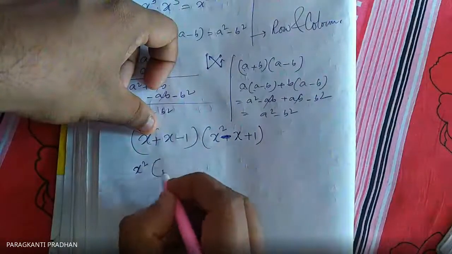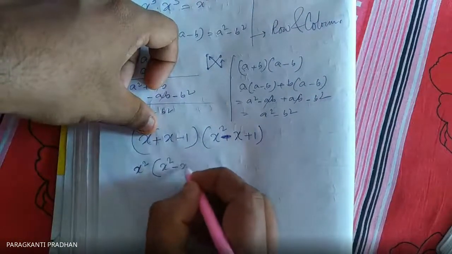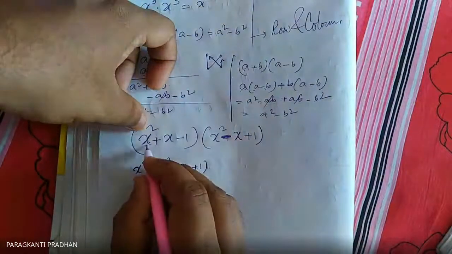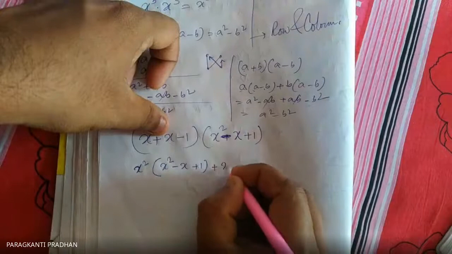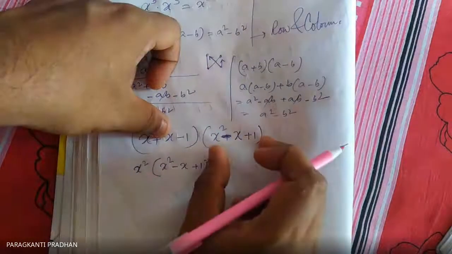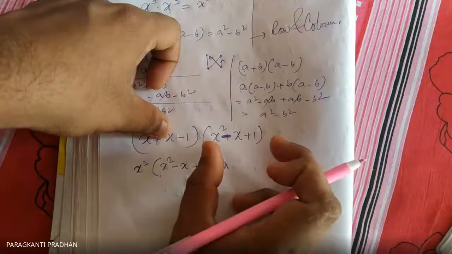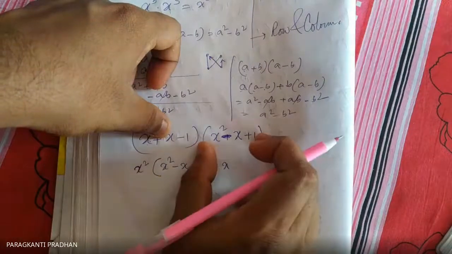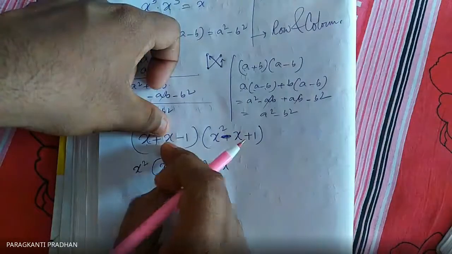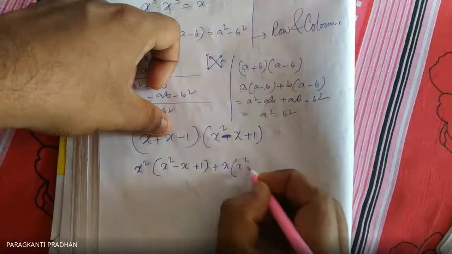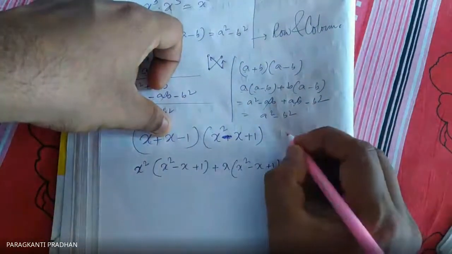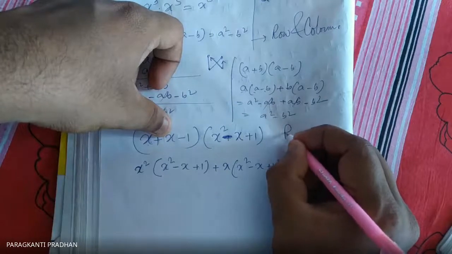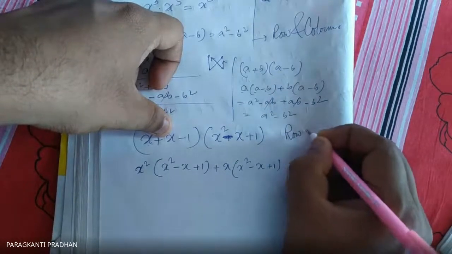So we can multiply this x square minus x plus 1, this into this, again plus x, this is the second term, and this is the second trinomial term. This trinomial term should be multiplied with this x square minus x plus 1. This is the row method, right? Yes.